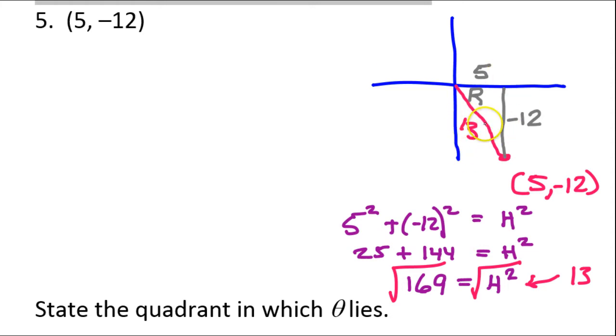So now I have all 3 sides of this triangle. So I should be able to easily write down all 6 trig functions. So I will do the sine of R. The sine is opposite over adjacent. Why did I say that? The sine is opposite over hypotenuse. Just spaced out for a second there. So that's negative 12 over 13.